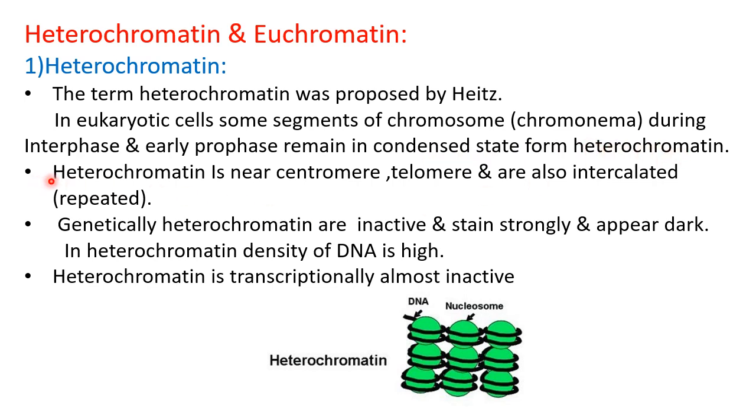Then this heterochromatin is generally found near the centromere of the chromosome. Then it is also found near the telomere, and it is also intercalated. Intercalated means heterochromatin repeats at regular intervals on the chromosomes.